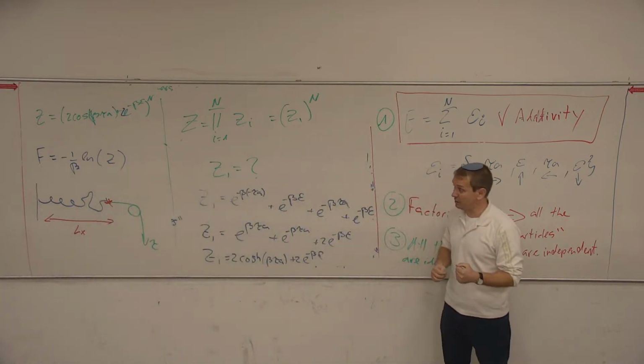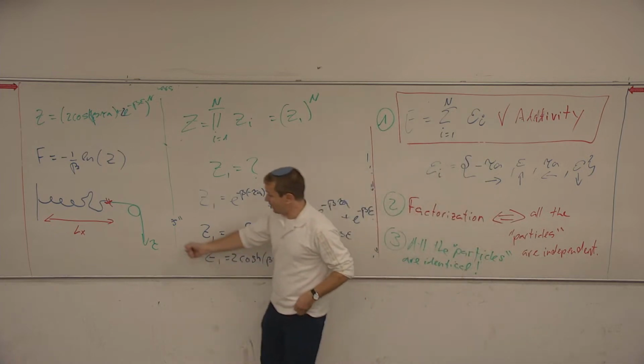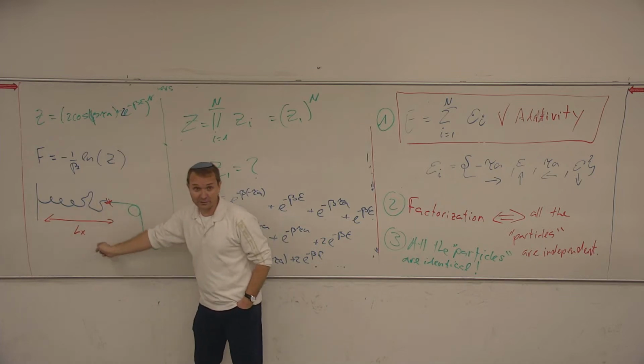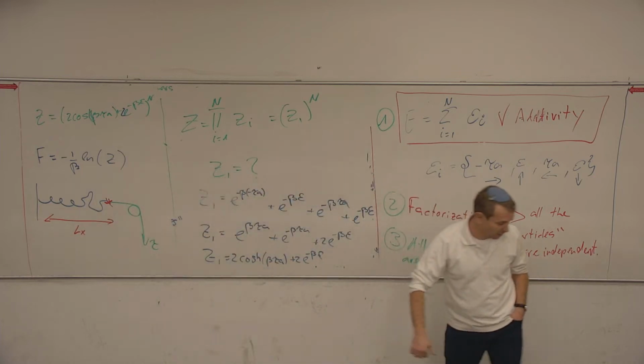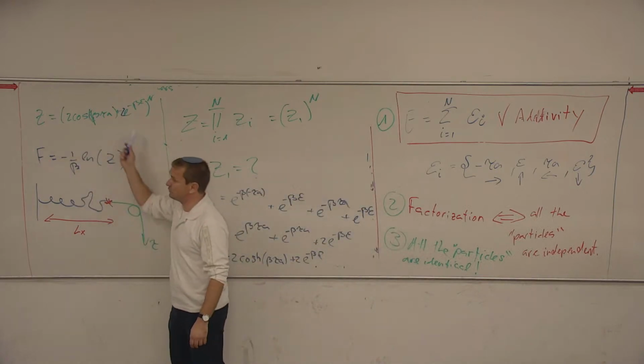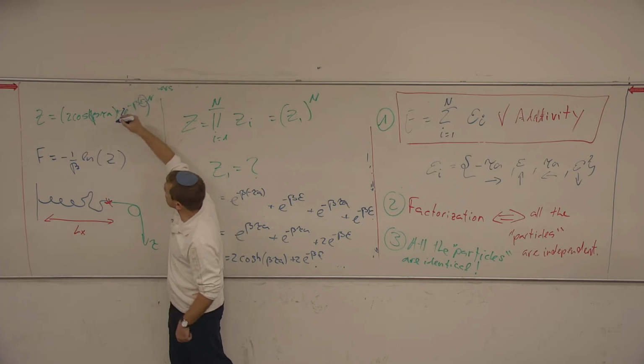How can I infer those states from a macroscopical experiment? I can apply this force. I can measure this Lx on average. And then use this formula over here in order to infer what are the different epsilons.